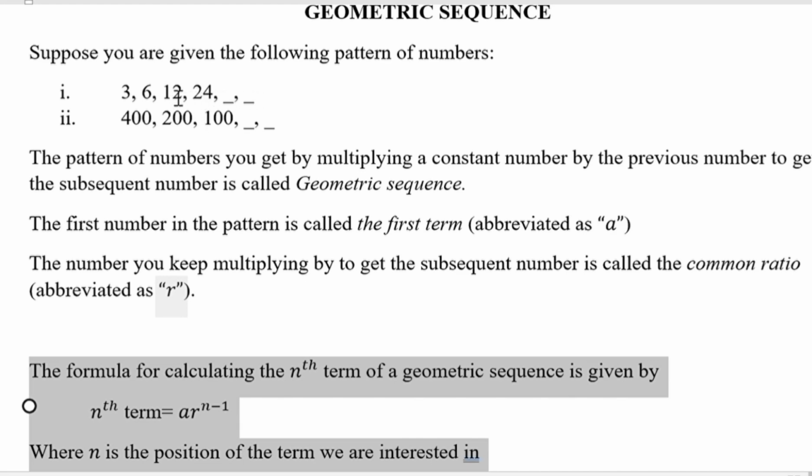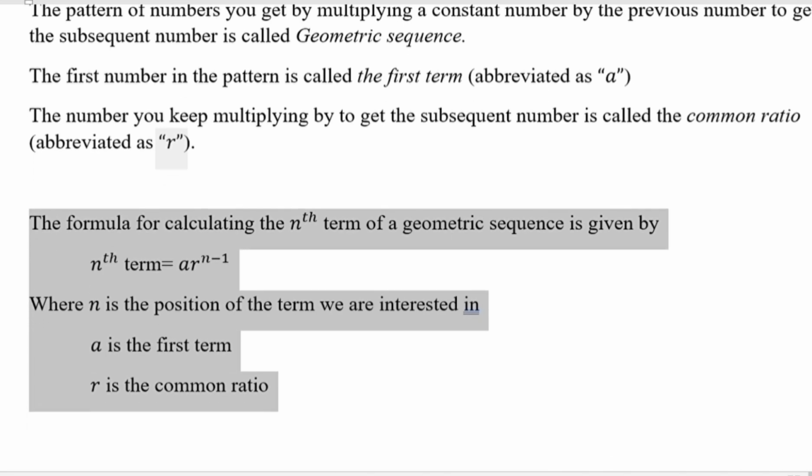You realize that it will be so cumbersome for us to keep multiplying by 2 until we get to the 1000th term. That's why we have this formula for calculating the nth term of a geometric sequence. And the formula is a r raised to power n minus 1, where a is the first term, r is the common ratio, and n is the term we are interested in.